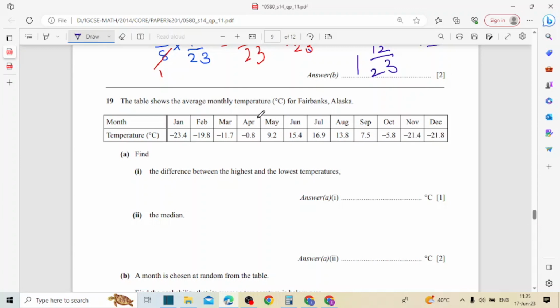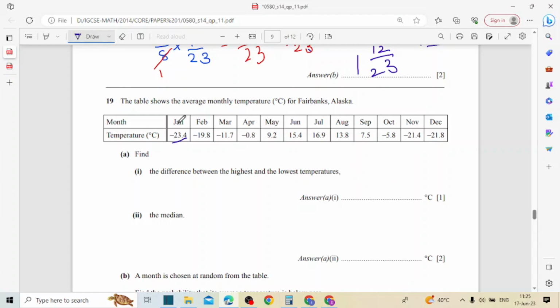In between, like May, June, July, August and September, we have the temperature in positive, means the temperature is more, and more number with the negative sign is the least number. So this is the least out of all the numbers.